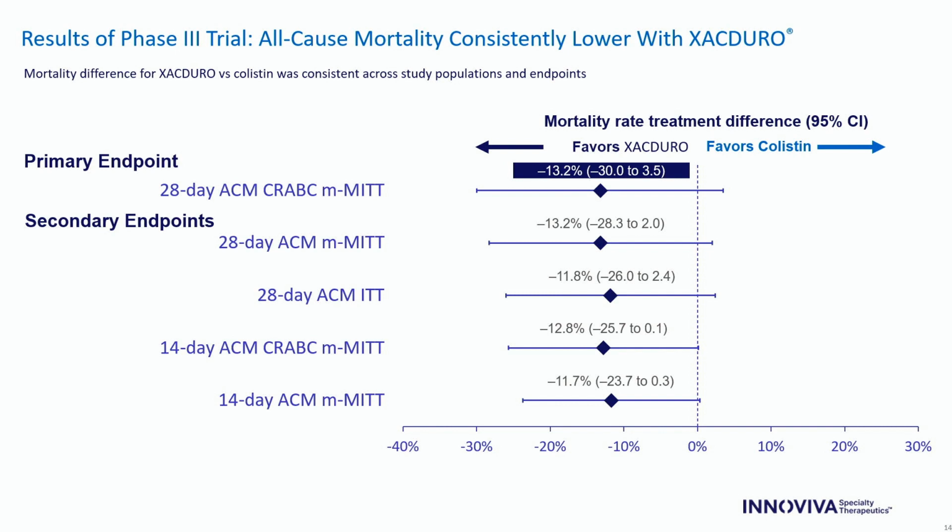The consistency of that data also carries on to microbiological outcomes as well. The clinical micro was just as consistent as our efficacy data. It's important to note that the dotted line you see at the 0 point would be a measure of superiority.